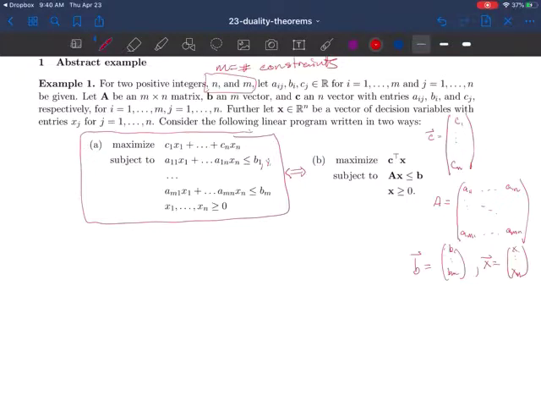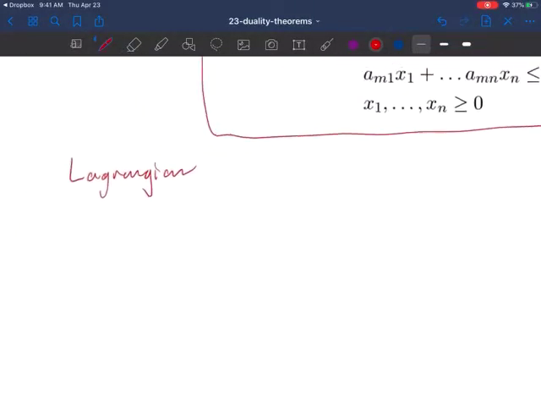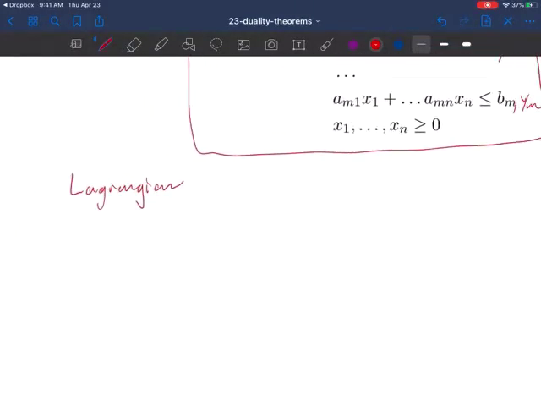Okay, so let's take the dual of this. We're going to have dual variables y1 down to ym, one for each constraint. And in the same way that we've done in the past, we can write our Lagrangian form, our Lagrangian inequality. What is the Lagrangian inequality here?